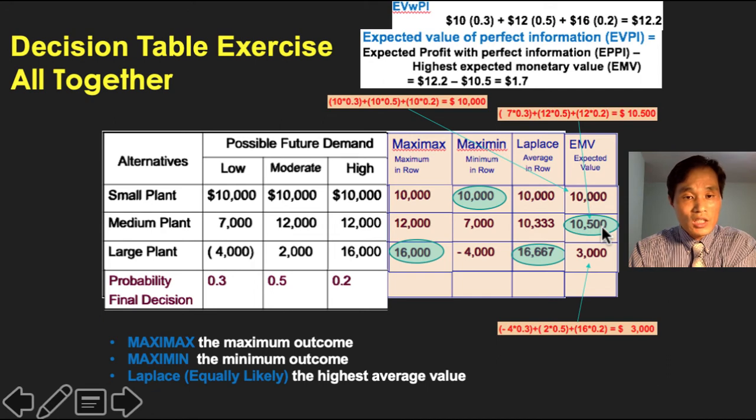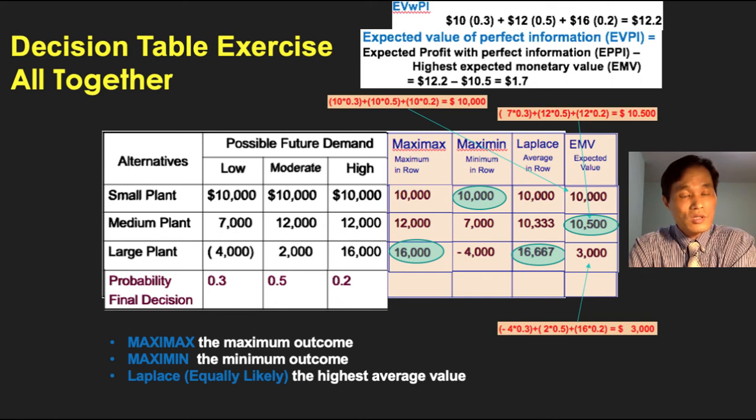We already calculated that. So it's 1.7, or $1,700, that is the expected value of perfect information, EVPI. So you are going to invest about $1,700 of the money to do more research about the market circumstances.